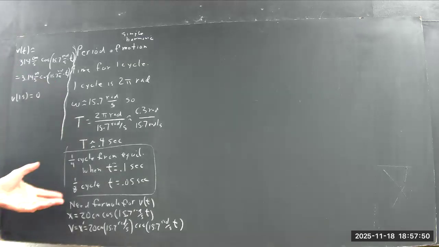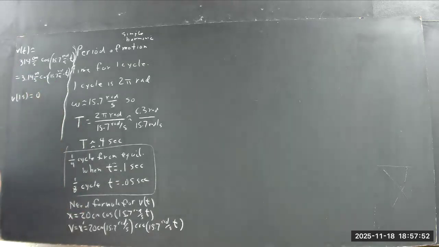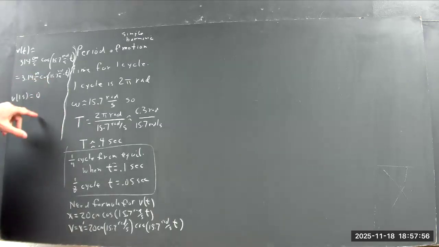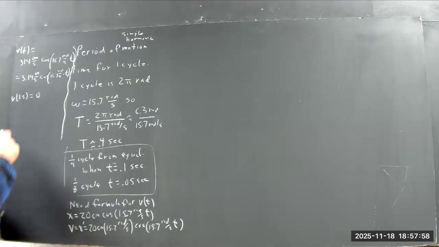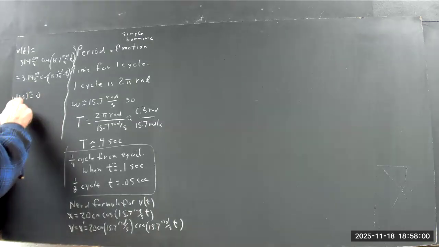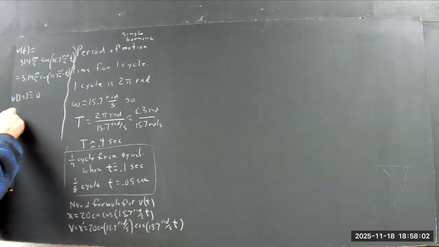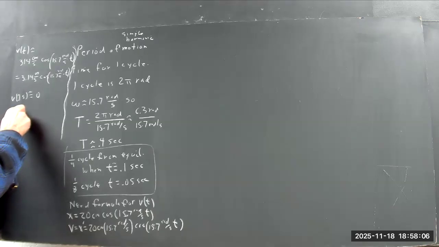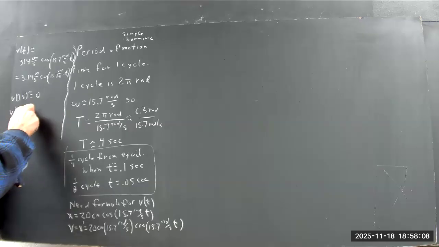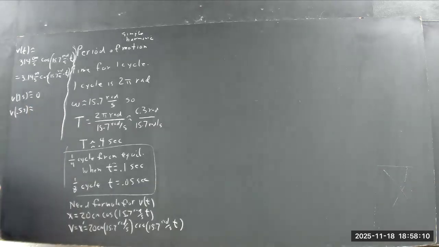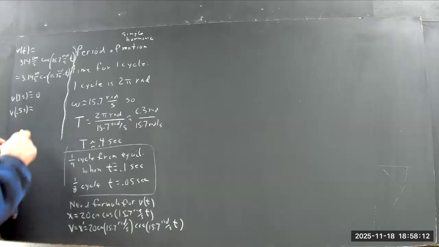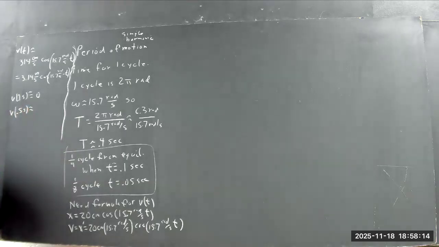Cosine of 1.57 radians is 0. Now, it's not going to come out exactly 0, so we'll say it's approximately 0. And v of 0.05 seconds is approximately equal to what?